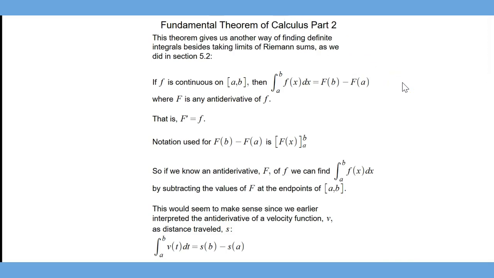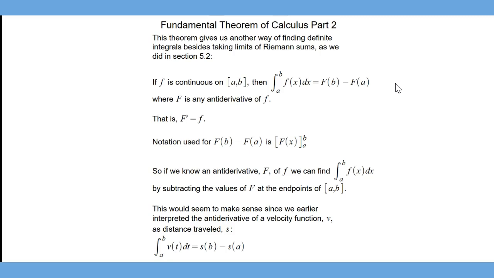There's a second part to the fundamental theorem of calculus, and that is a way to help us evaluate definite integrals without having to use the limit of Riemann sums. The first part showed us the relationship between that area generating function, which is a definite integral, and the antiderivative.